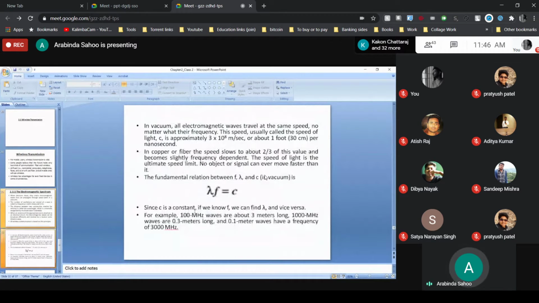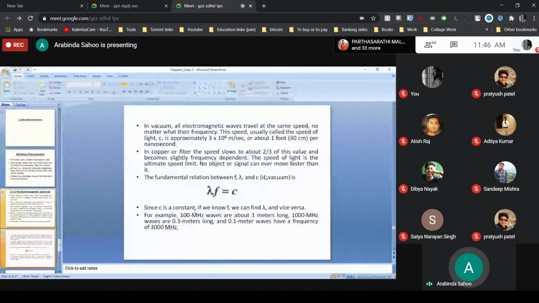If you relate the frequency and the wavelength, they are related by lambda f equals c, where lambda is the wavelength of the electromagnetic wave, f is the frequency, and c is the velocity of light.